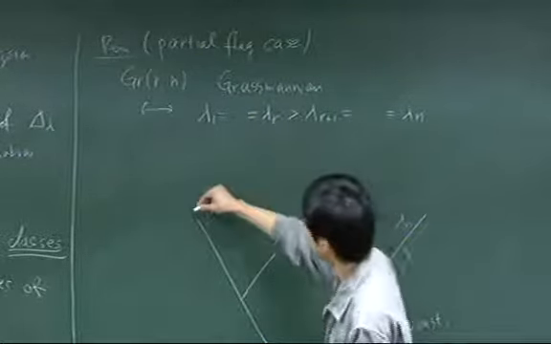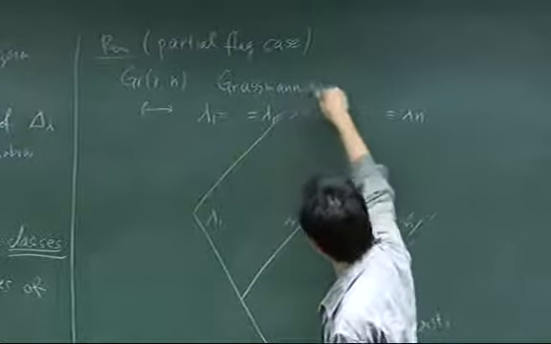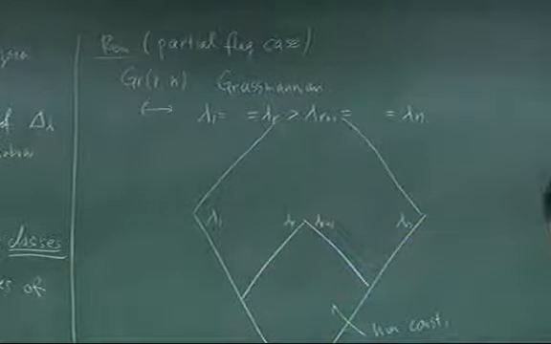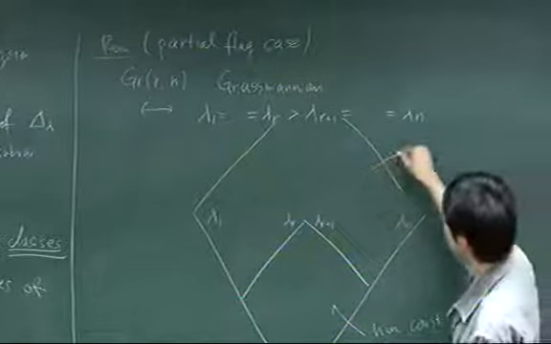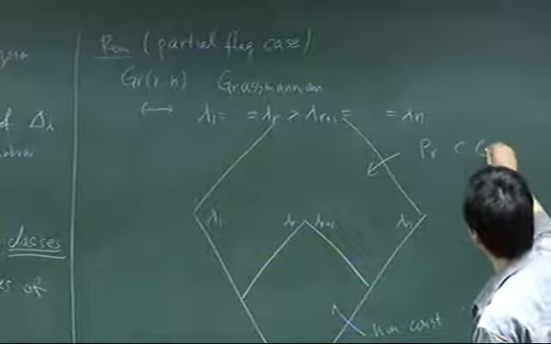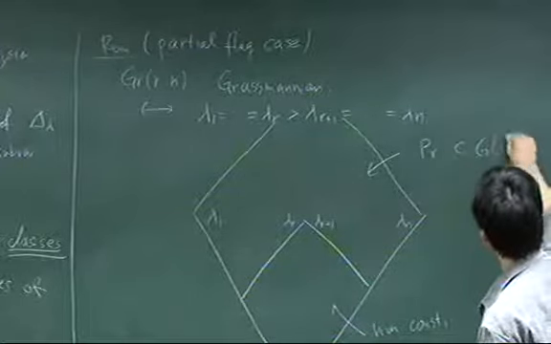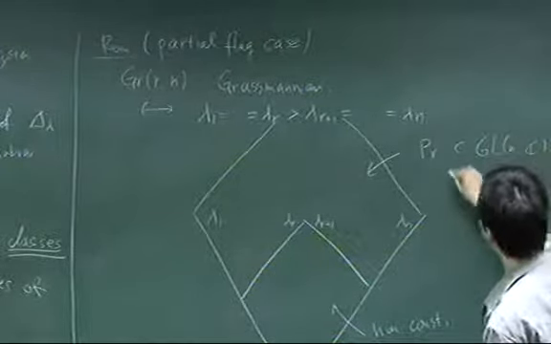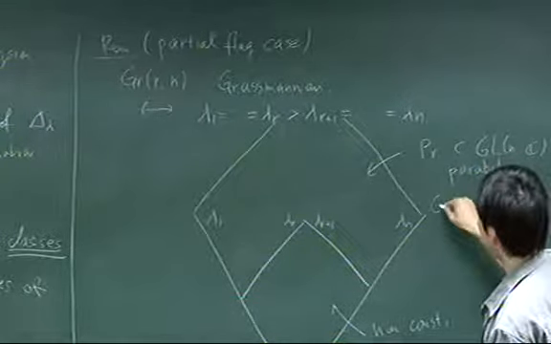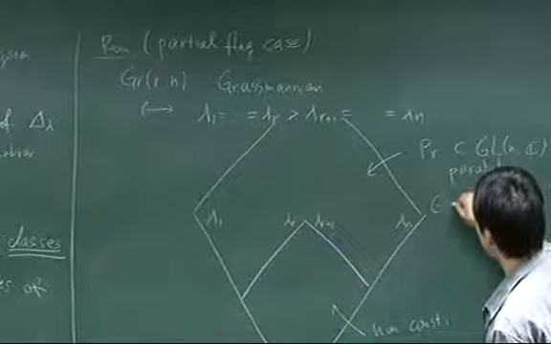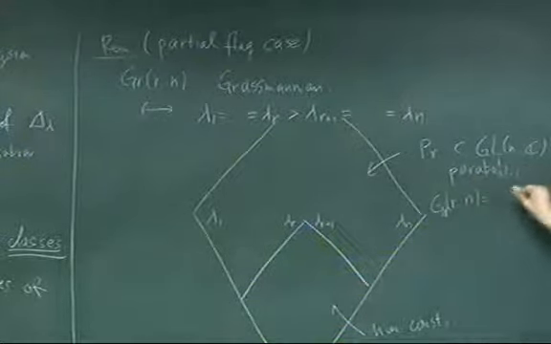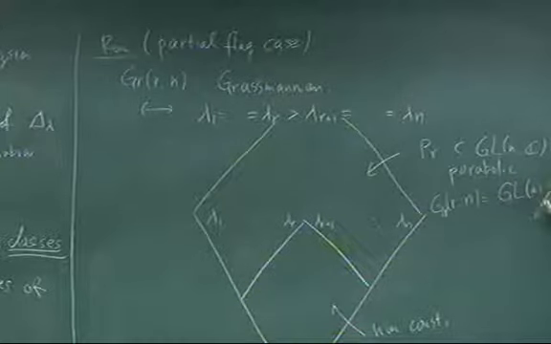If we think of this as a part of a square, then this has the shape of a parabolic subgroup, such that the Grassmannian is just identified with it.